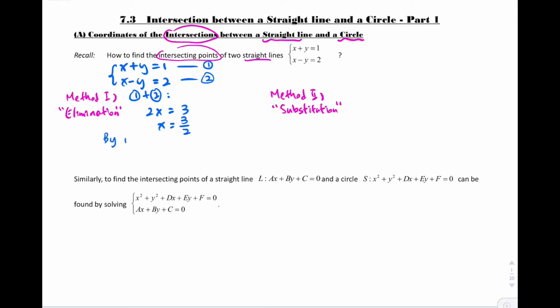And then substitute back x equals 3 over 2 into either equation. We have 3 over 2 plus y equals 1. So for this case, y equals negative 1 over 2. So we have the solutions.